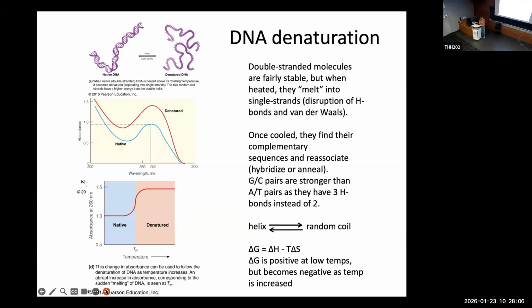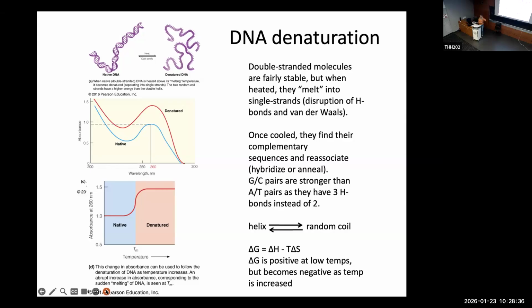Okay, so we know that heat causes this to melt and denature, and we can think about the tendency to adopt one or the other of these conformations based on delta G. So if we raise the temperature, the delta G is negative in what direction?